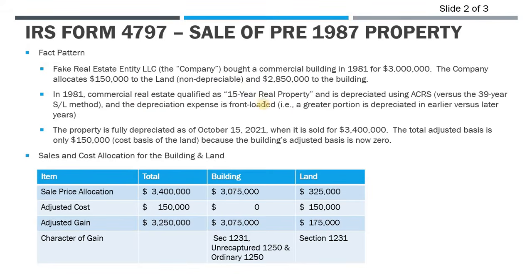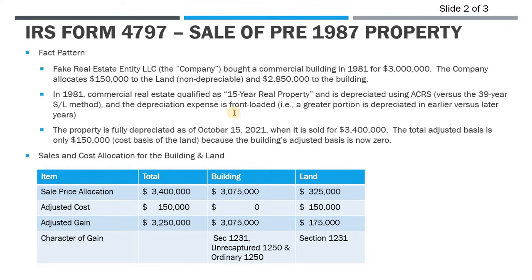And during that year, all of this pre-1987, we were depreciating using the ACRS method, the accelerated cost recovery method, and the property was being depreciated at a much faster rate and front-loaded. What we mean by front-loaded is, and we'll look at the table, you take a larger percentage of depreciation in the early years, and then it phases out to a smaller percentage.